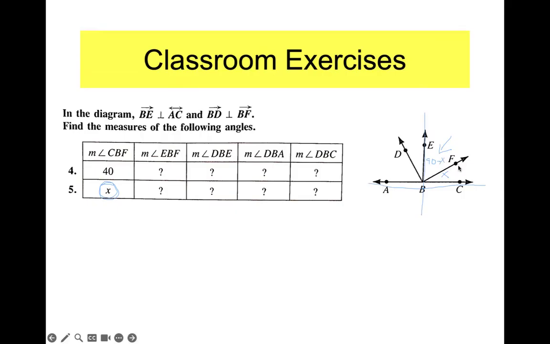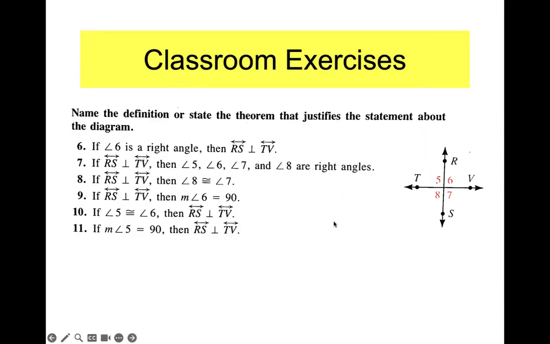You want a number, and in this case, you get a variable expression, 90 minus X, but that's the answer. And like I said, our book loves to do these tables. You see this in nearly every single section and every single chapter. It follows a similar pattern where they give you one question with numbers, and then eventually they just give you a variable or a variable expression and ask you to fill in the rest of the answers.